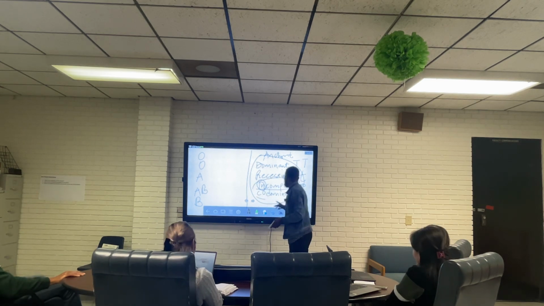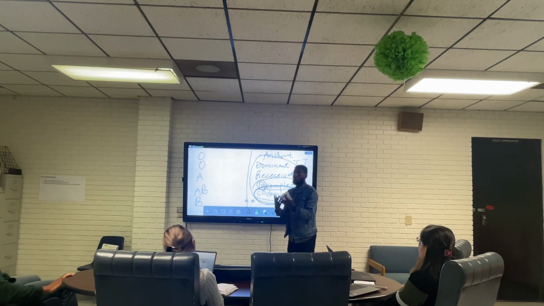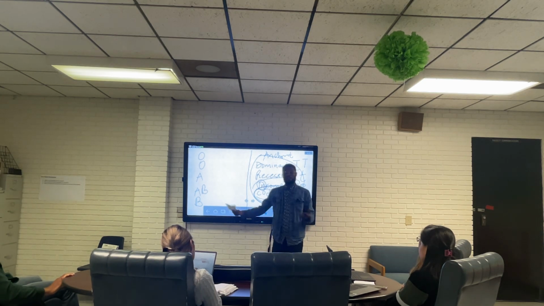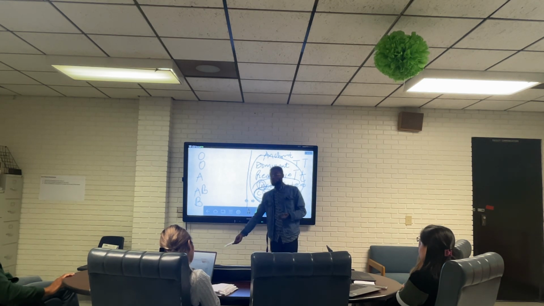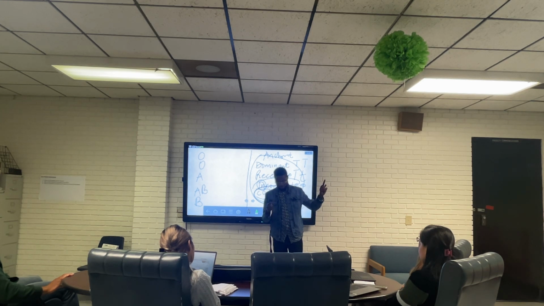Now, co-dominance here is another condition where both phenotypes are expressed in the offspring. So you have a hen and a rooster.